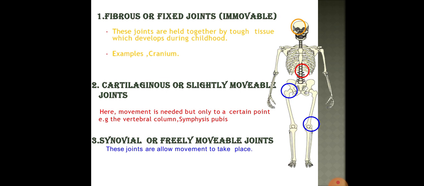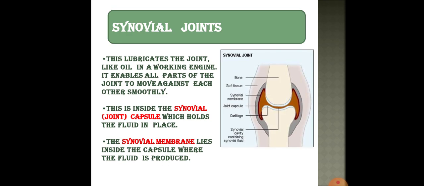Third one is synovial joint, or freely movable joint. These joints allow movement to take place. The synovial fluid lubricates the joint like oil in a working engine.